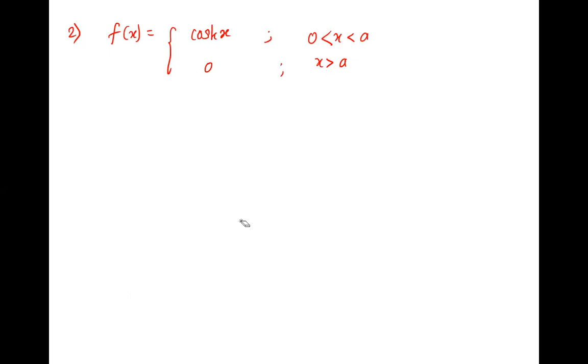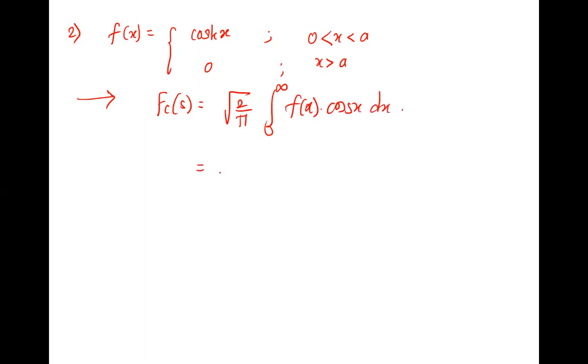First you should write the definition: F_C of s equals root 2 by pi integration 0 to infinity f of x into cos sx dx. Try to solve this. The limits of the integration are from 0 to a, and the function is cos kx into cos sx dx.